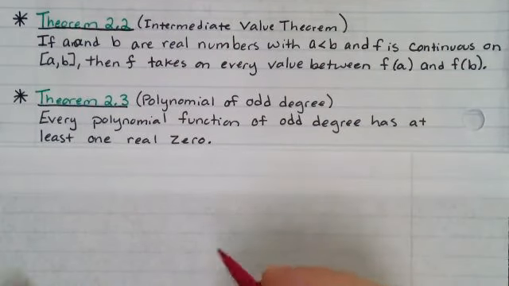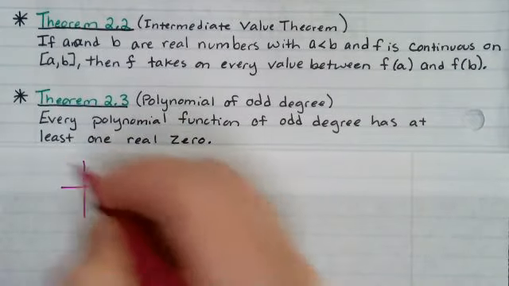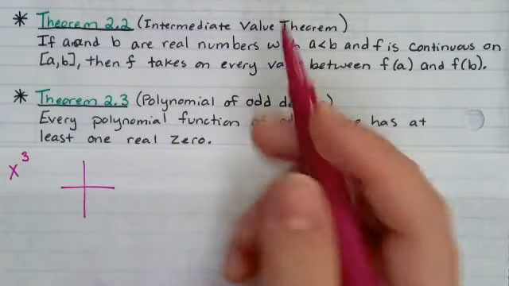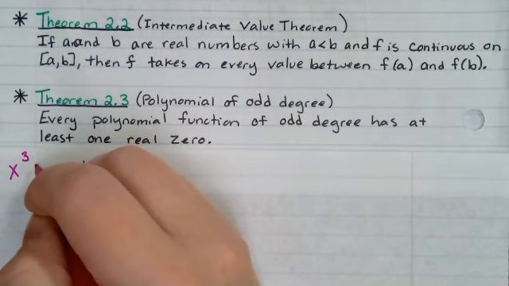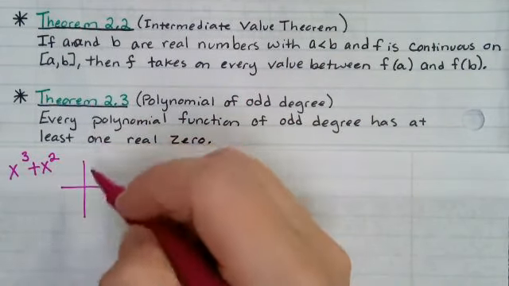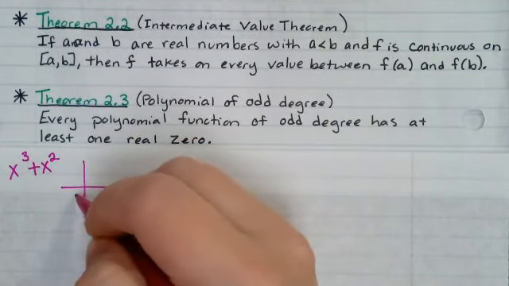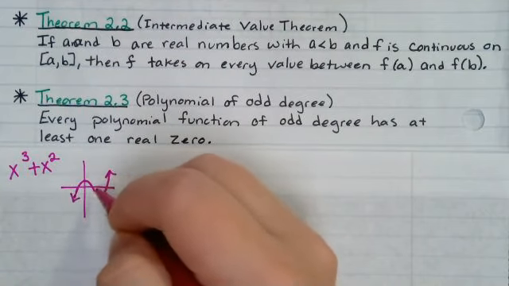We've talked about the fact that I could have something like x to the third power, maybe plus x squared or something. I'm not sure what this would look like without graphing it, but you could have something to the third power that ends up having 3 zeros.